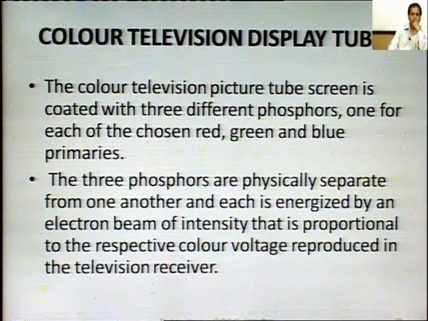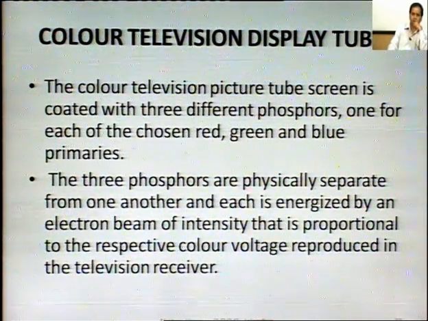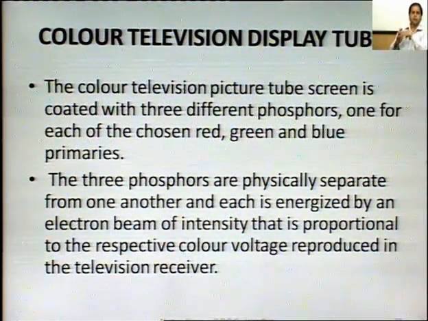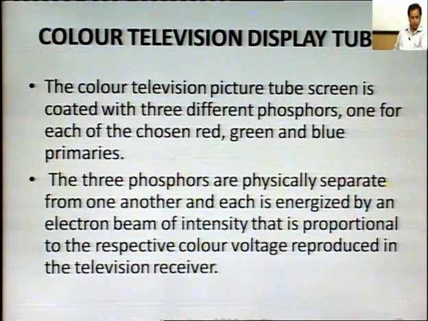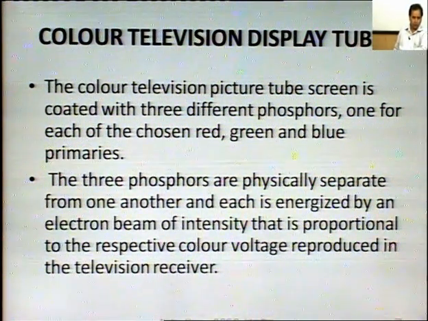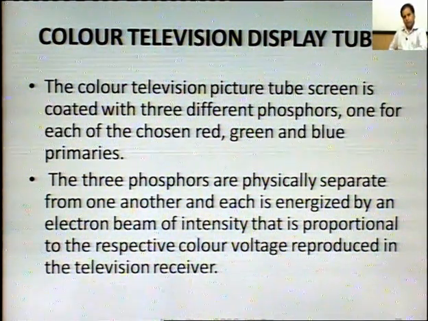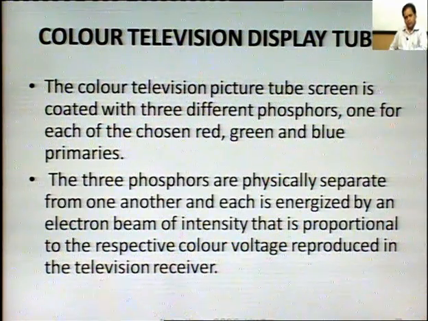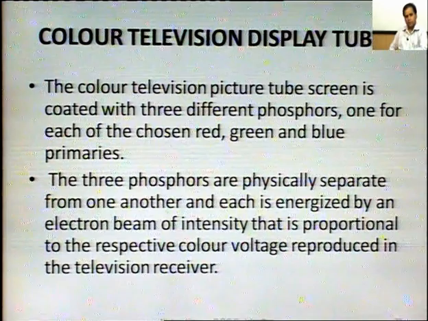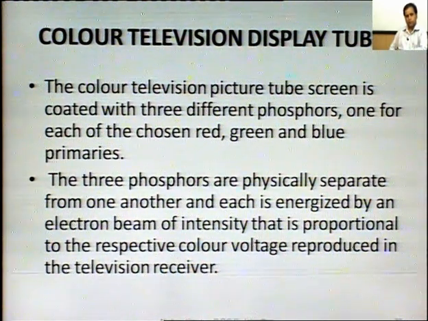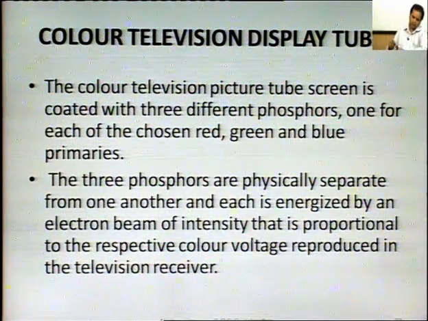Now we will discuss the color TV display tubes. The color television picture tube screen is coated with three different phosphors, one for each of the chosen red, green and blue primaries. The three phosphors are physically separate from one another and each is energized by an electron beam of intensity proportional to the respective color voltage reproduced in the television receiver.